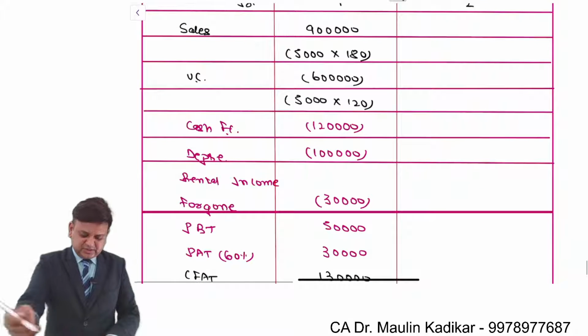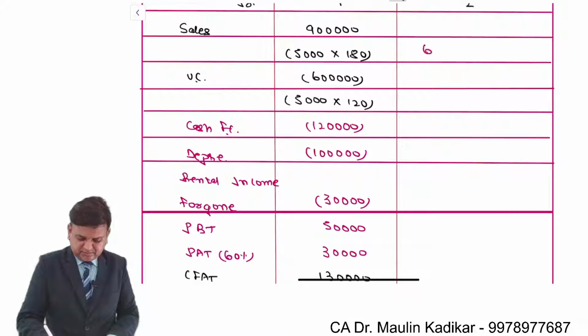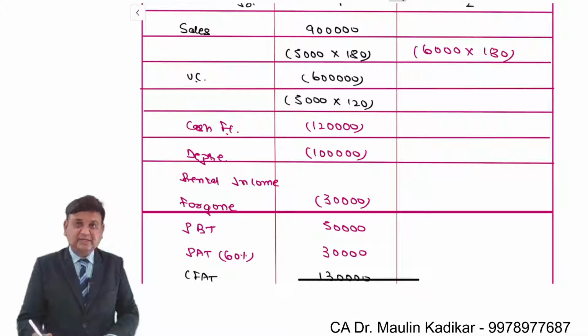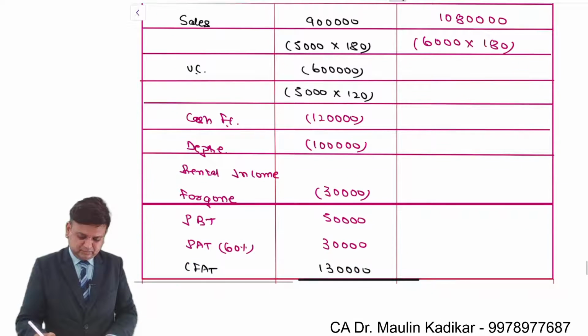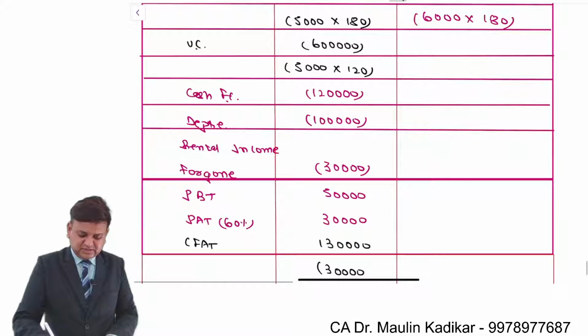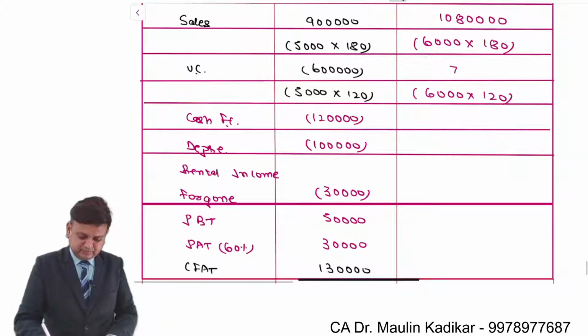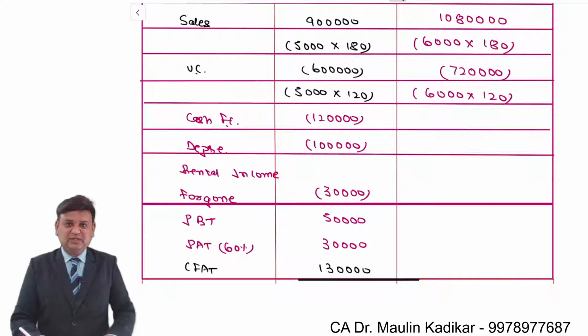Number of sales units in the second year is 6,000. Selling price is 180, so it is 10,80,000. Variable cost is 6,000 into 120, that is 7,20,000.